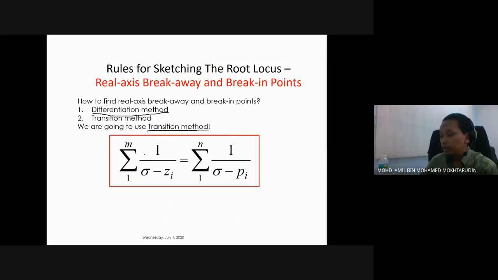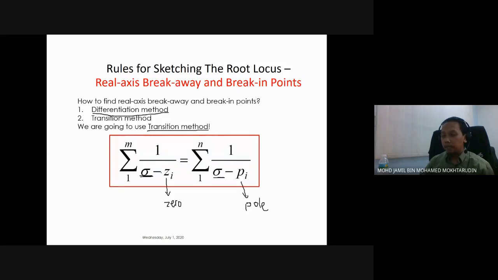The transition method is this formula: the sum of 1 over sigma minus zeros equals the summation of 1 over sigma minus poles. Sigma here is your breakaway and break-in points.